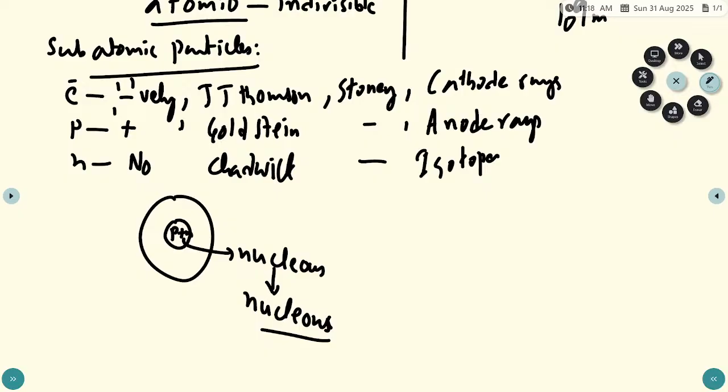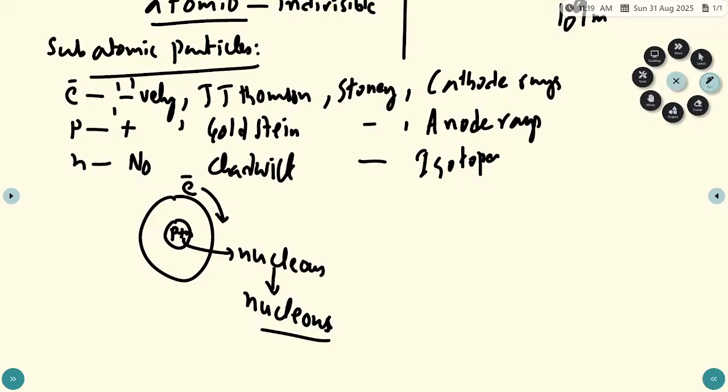So protons and neutrons are called nucleons, because they are present in the nucleus of the atom, right? And then electrons are revolving around the nucleus in a circular path. Those circular paths are called orbits or shells.